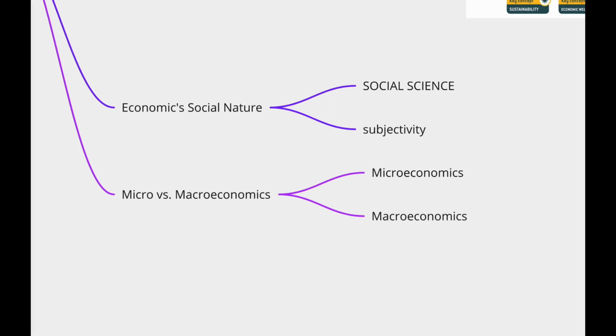So both of them deal with the scarcity and choices that different entities make. However, they look at them from a different scope and a different picture. And that's basically what 1.1.1 covers.